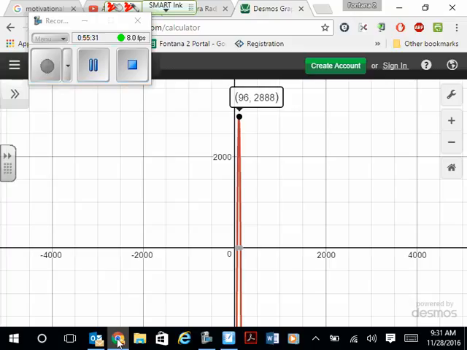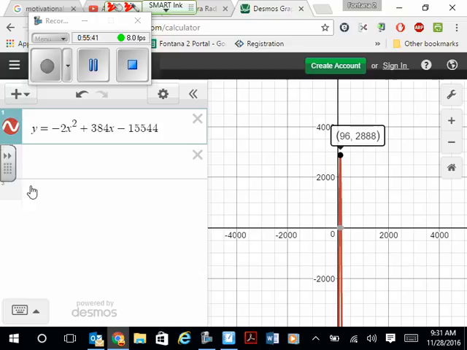All right, so on this new one, the function. Is it a 94?